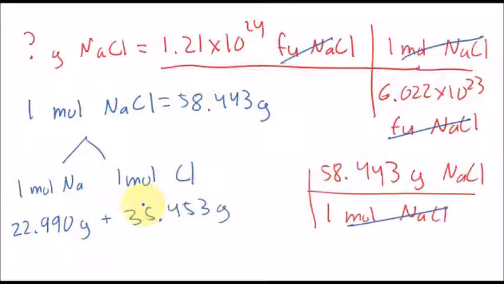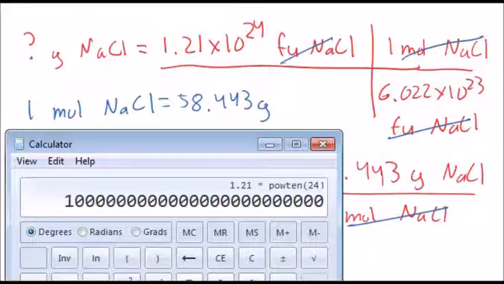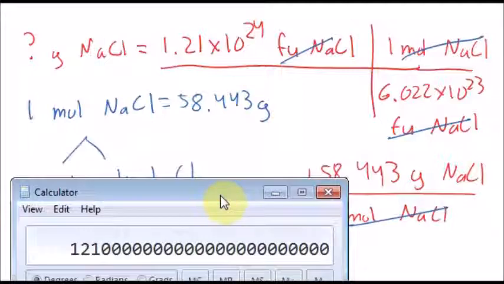So let's first multiply the top here. Let me make this clearer. This is a 2. Okay. So first multiply the top, 1.21 times 10 to the 24th times 58.443.